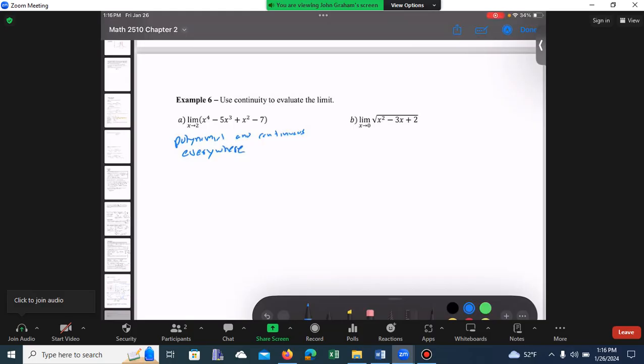So the limit as x goes to 2 of the function can be found by 2 to the fourth minus 5 times 2 to the third plus 2 squared minus 7. 16 minus 40 plus 4 minus 7 is -27.